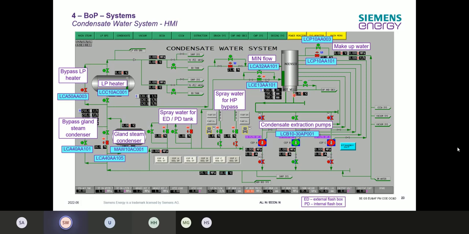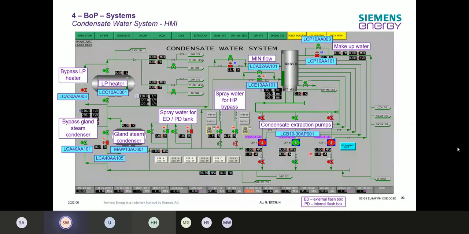We have here on the downer side then the connections to the CEP condensate extraction pumps. So there are the 3 condensate extraction pumps, LCB 30, AP01, 001, LCB 20, and LCB 30, AP001. And the pumps, of course, what you can see here then already, they have a min flow line, which is going back to the condenser.